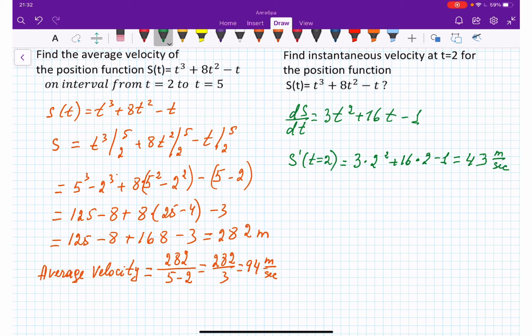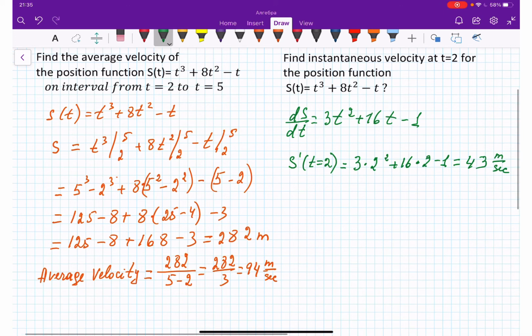While average velocity is a rate of change over an interval. And graphically, the instantaneous velocity at any given point on a function is the slope of that tangent line.